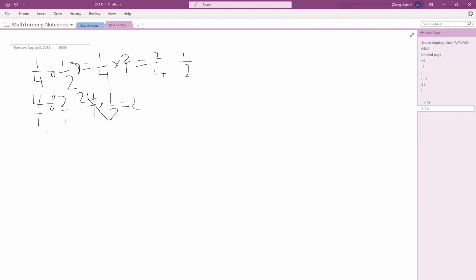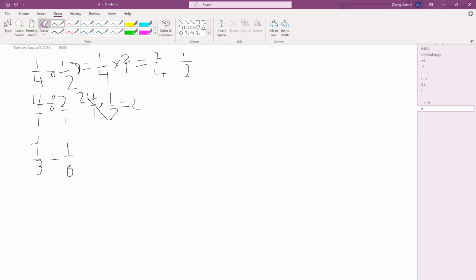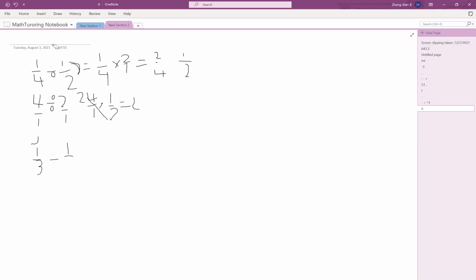So let's say we're going to do 1/3 divided by 1/5. Claire, how do you do this? I'll make the 5 look a little nicer. 1/3 divided by 1/5.